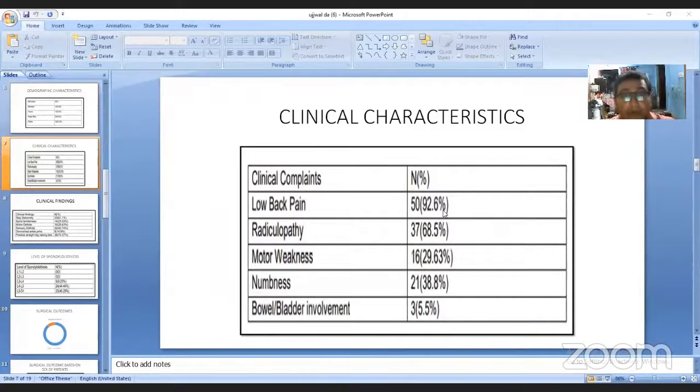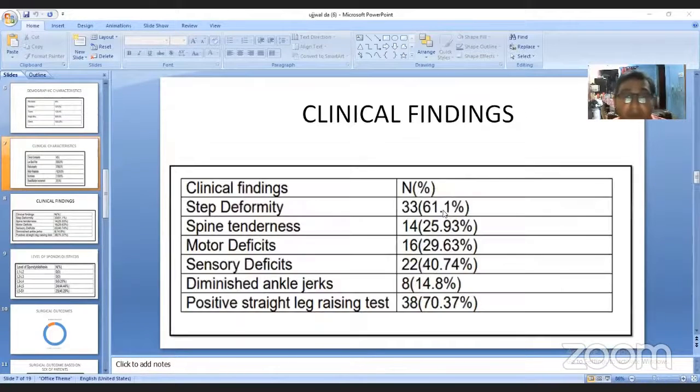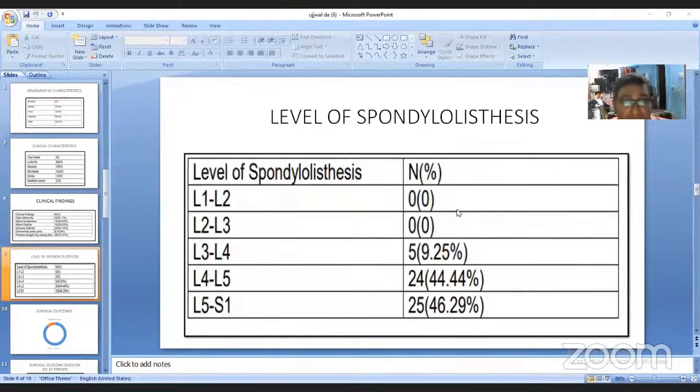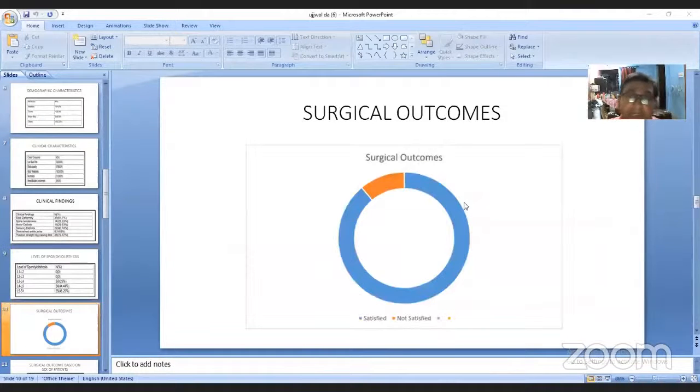Clinical complaints are low back pain, radiculopathy, motor weakness, numbness, and bowel and bladder involvement. Clinical findings are step deformity, spine tenderness, motor deficit, sensory deficit, diminished ankle reflex, and positive straight leg raising test. Spondylolisthesis mainly occurs at L5-S1 and L4 over L5.